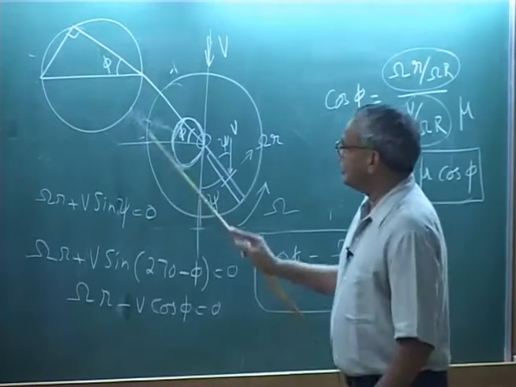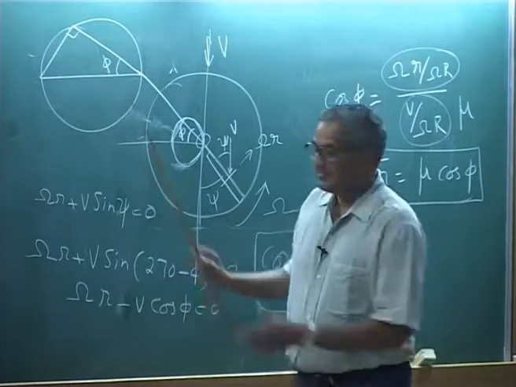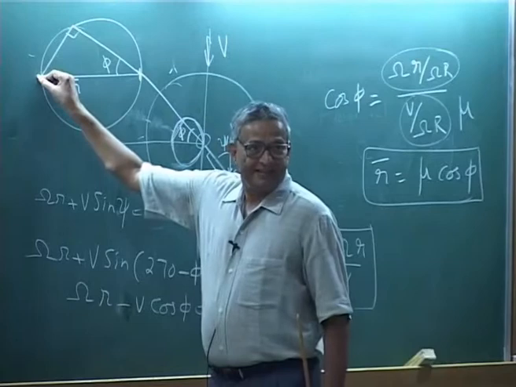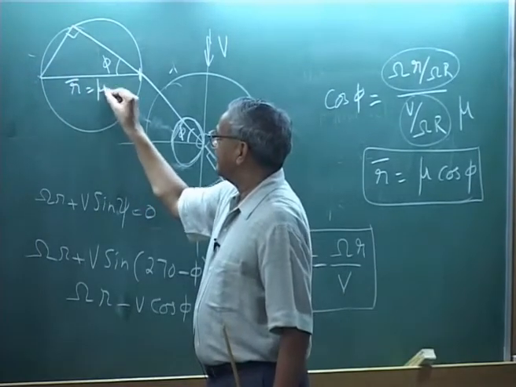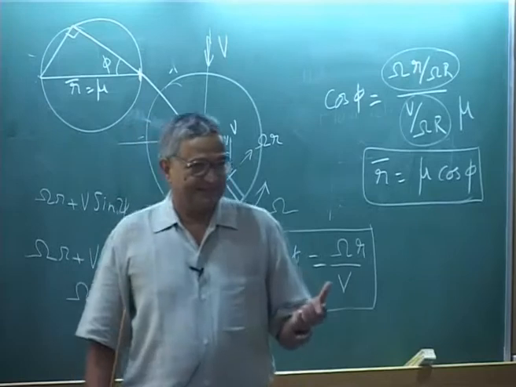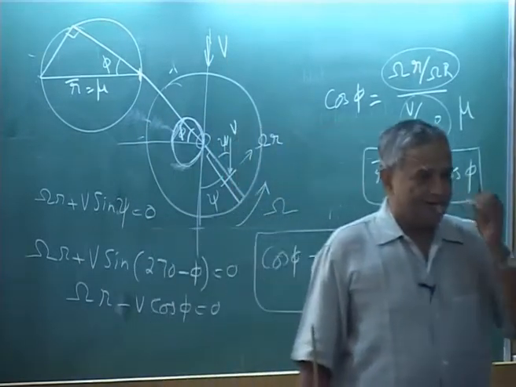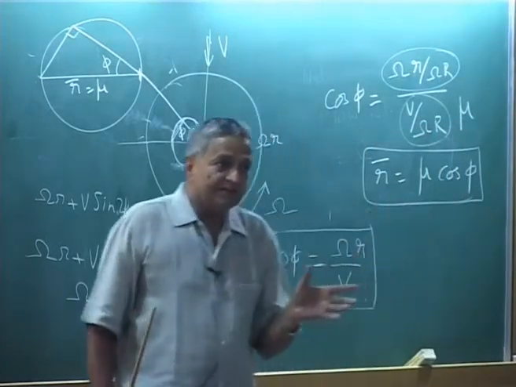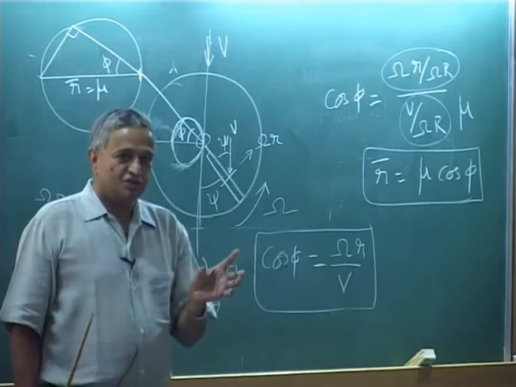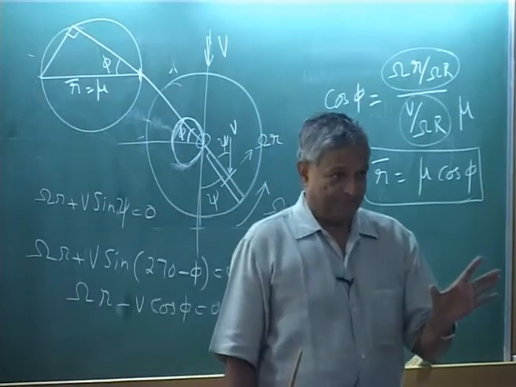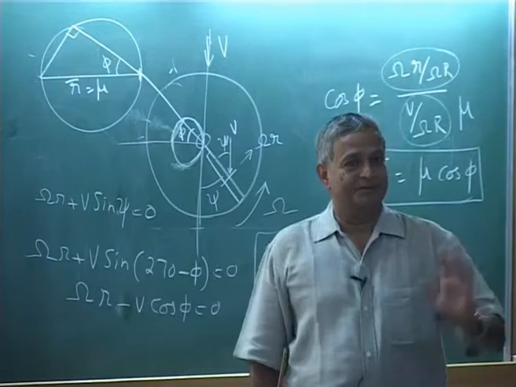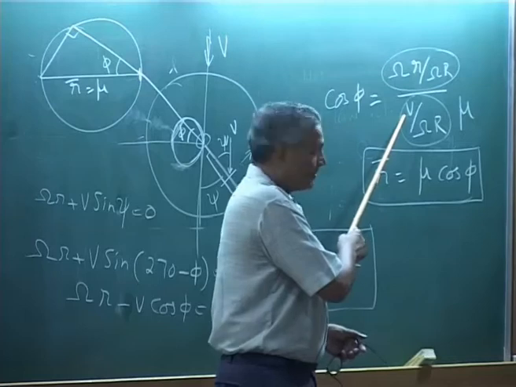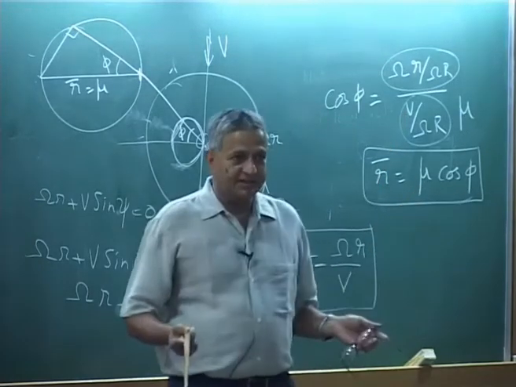That means you immediately know the reverse flow. This is R bar, which is nothing but non-dimensional velocity. Okay. Now you see the reverse flow region actually will increase with forward speed, because if V increases, mu is increasing.